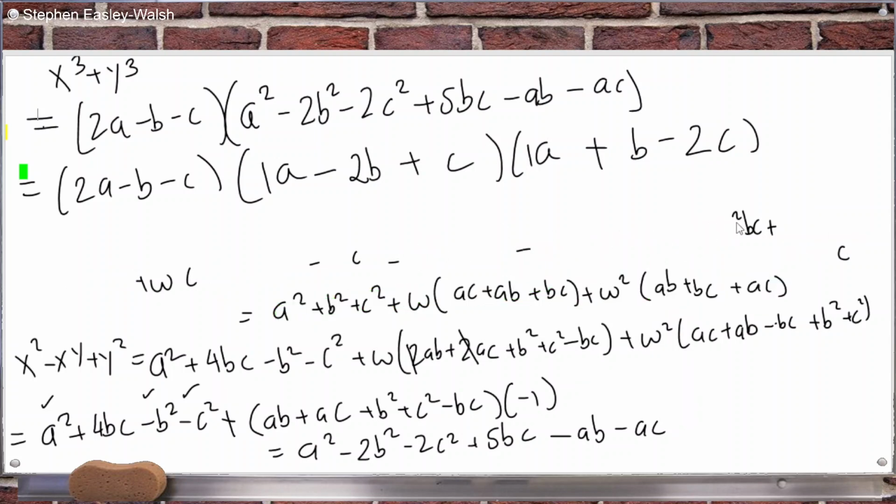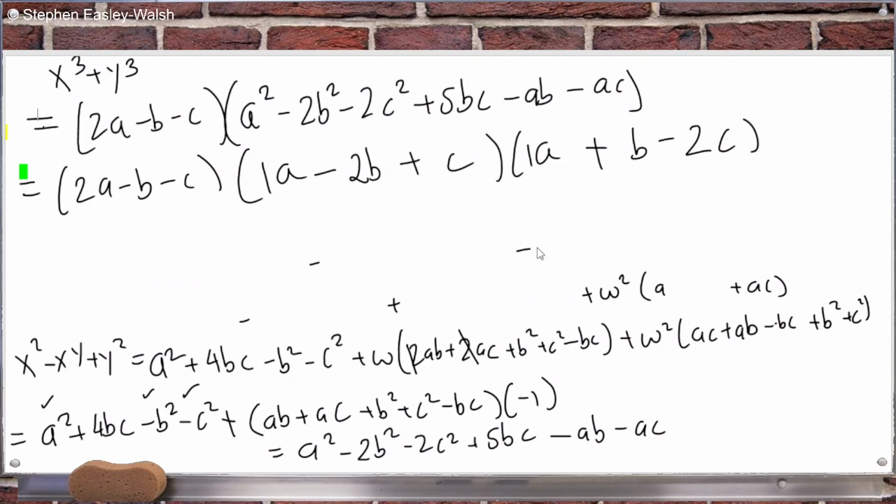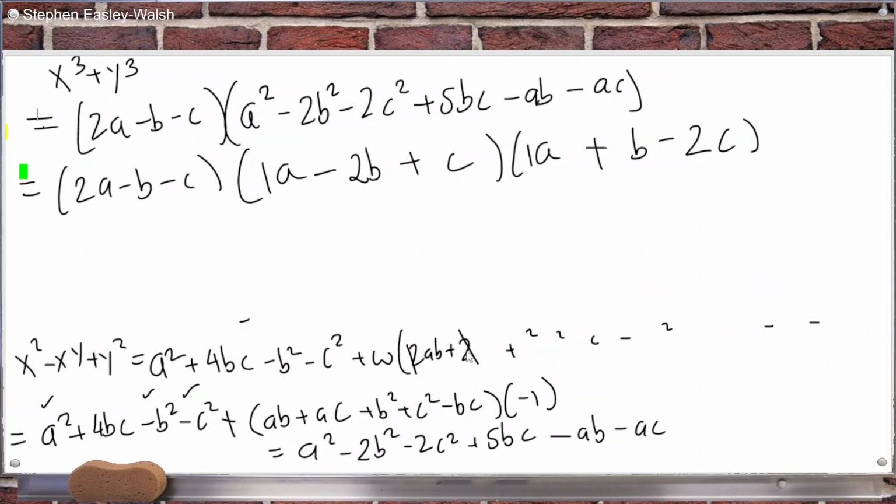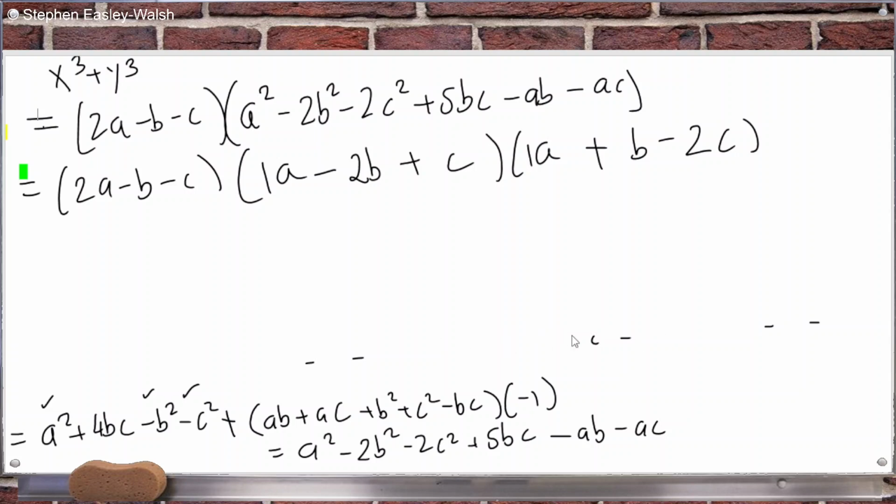We might have to change the numbers and the signs around, but we can see what happens. There's not going to be too many variations. Okay, let's see. A by a, that's a squared, plus ab minus 2ac minus 2ab minus 2b squared.